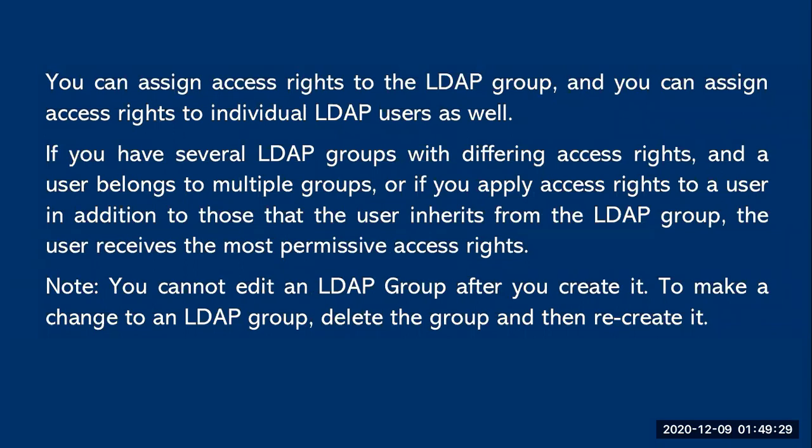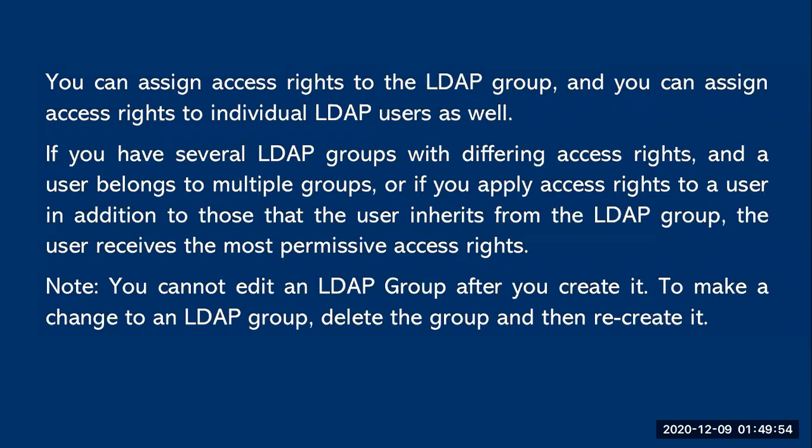If you have several LDAP groups with different access rights and a user belongs to multiple groups, or if you apply access rights to a user in addition to those that the user inherits from the LDAP group, the user receives the most permissive access right.